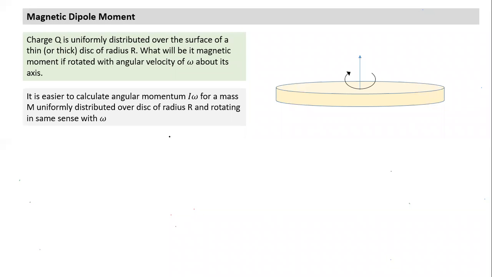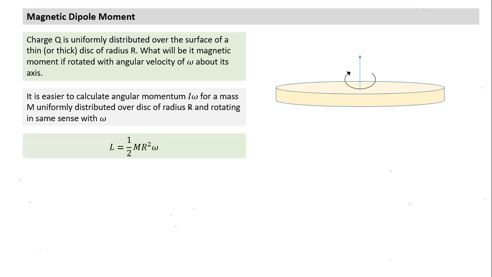But in such a case, rather than finding the magnetic dipole moment, for a similar mass distribution, we find the angular momentum I omega. Why is it easier to find I omega? Because for most similar kinds of shape, we already have the formula for moment of inertia. So we can easily find I omega.